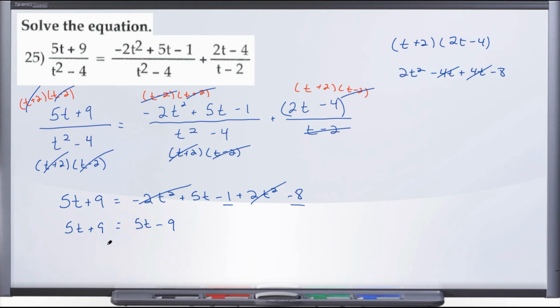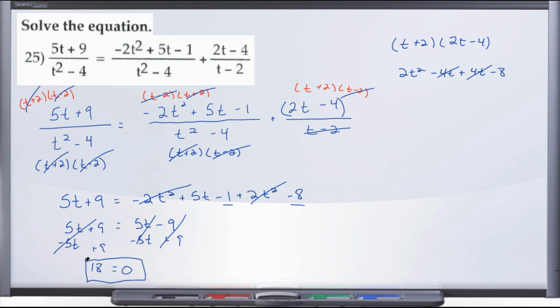So we'll subtract 5t and add 9. When we end up trying to get everything on one side, 5t's cancel. 9 plus 9 is 18. But on the right-hand side, 5t minus 5t goes away. Minus 9 plus 9 goes away. And so we're left with 18 equals 0.